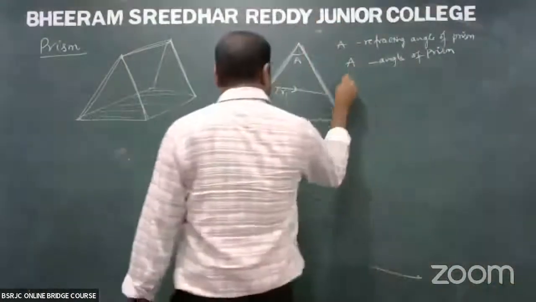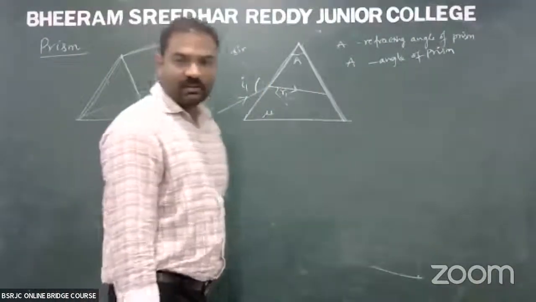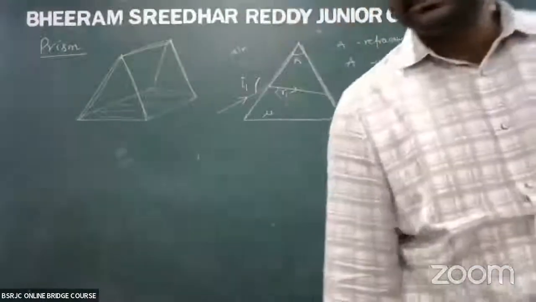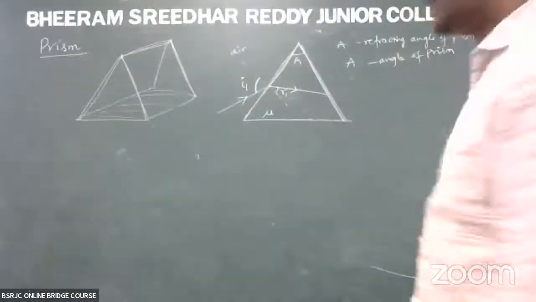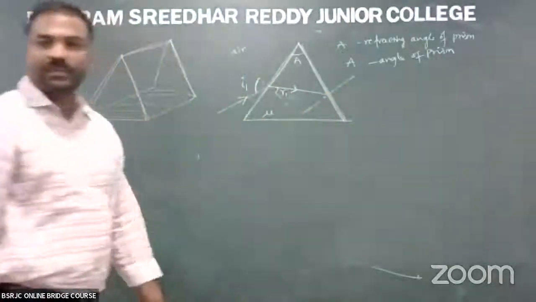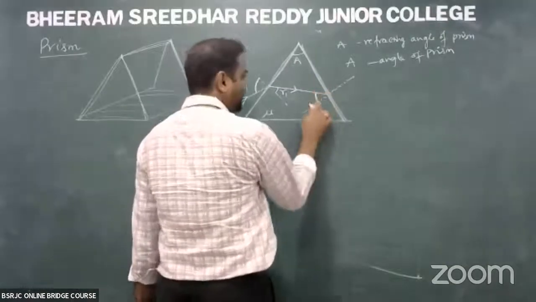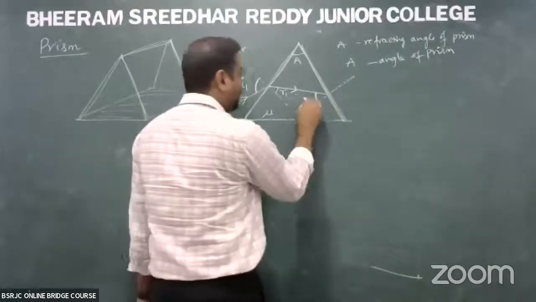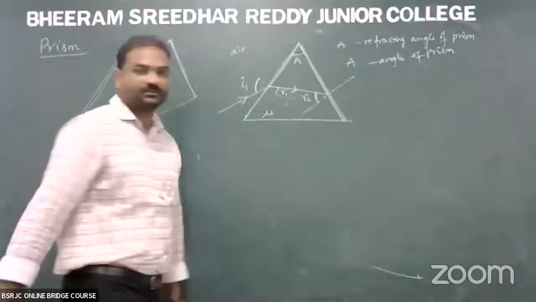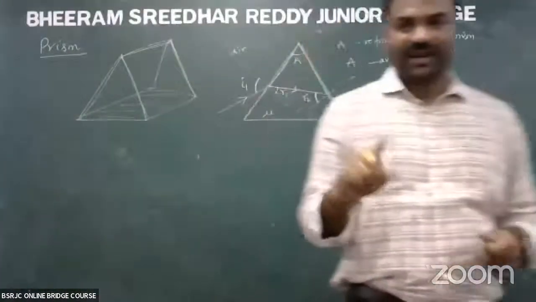Again, the ray is incident over here. This is one more normal. Are you able to see the normals? This is the normal. So this angle is again an angle of incidence, but we are representing it with the R2 term. Now R2 is the angle of incidence, not the angle of refraction.